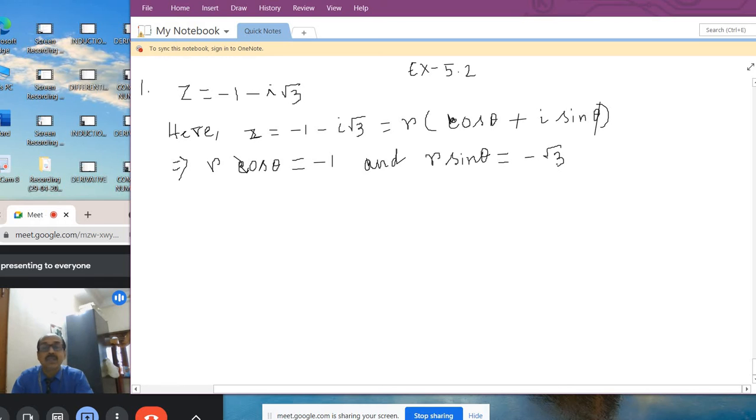Comparing both sides, r cos theta equal to -1, r sin theta equal to minus root 3. Now squaring both sides and adding.